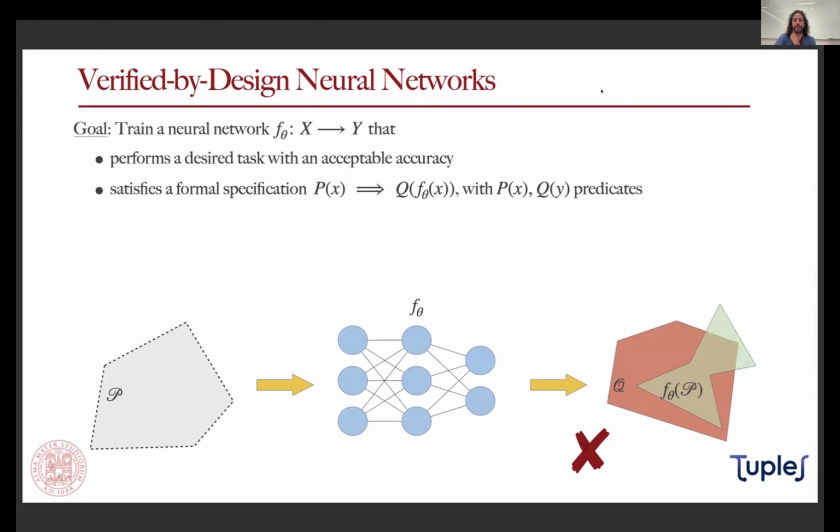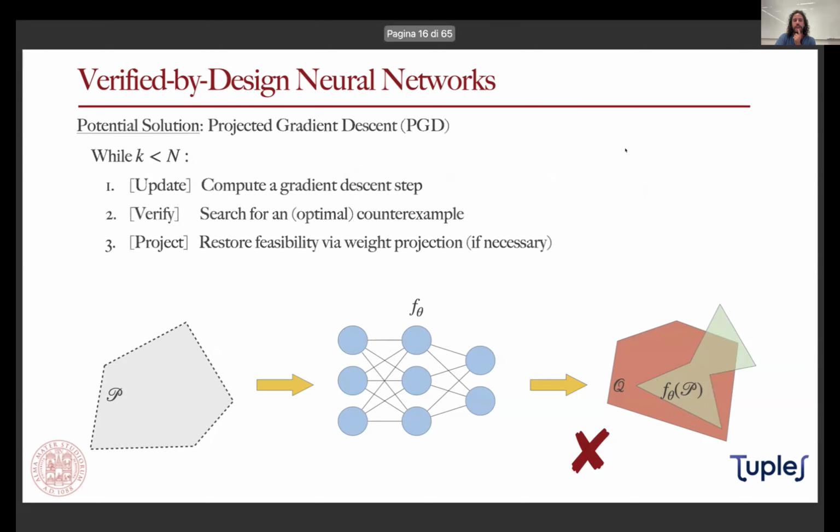Now, I have good news and bad news. The good news is that we potentially already have an algorithm to achieve our goal. Again, our goal is to train our neural network so that at the same time it satisfies a given property. This algorithm is called projected gradient descent, or PGD.